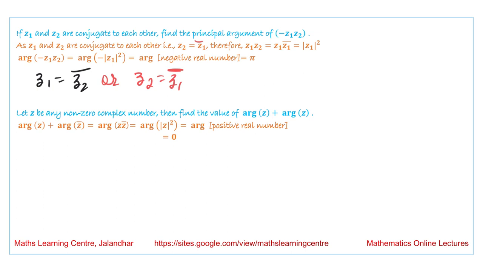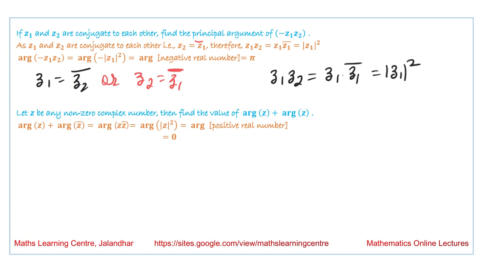So we have to find the principal argument of minus of z1 into z2. If we are talking about z1 into z2, that will be equal to z1 into z1 bar, and this is equal to mod of z1 square.